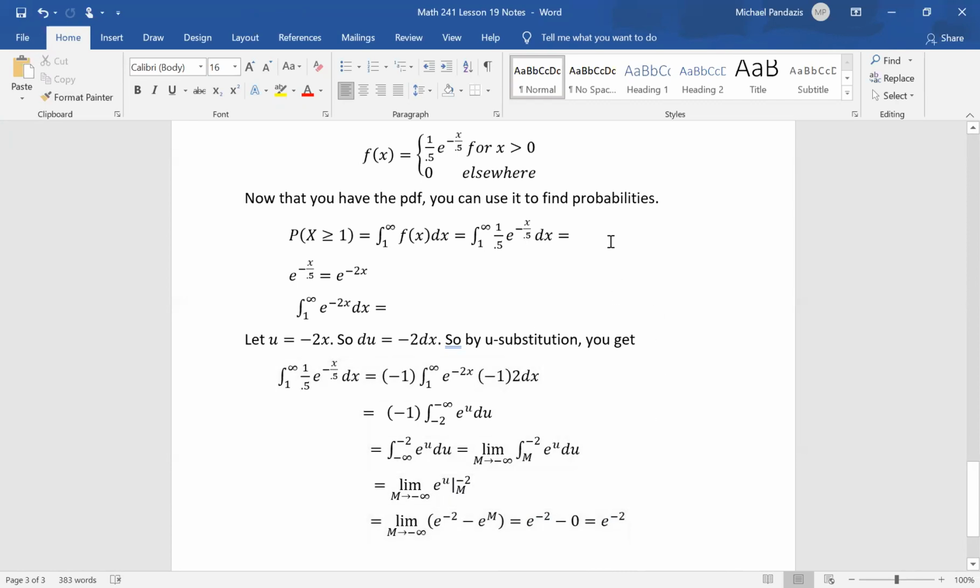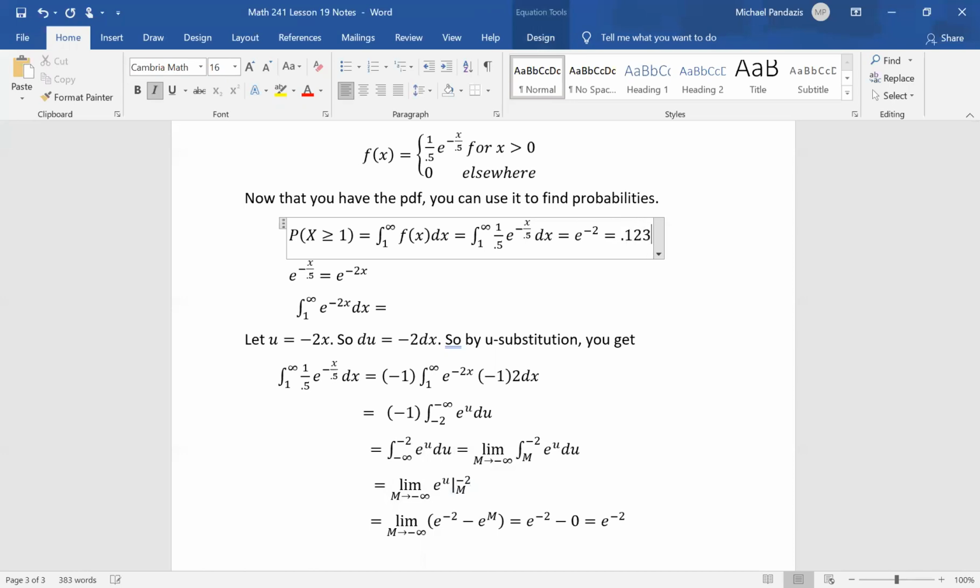Okay, so I calculated it here for you. And so the final answer here is e to negative 2. As a decimal, that's equal to 0.1353. So the probability that x is greater than or equal to 1 is 0.1353.